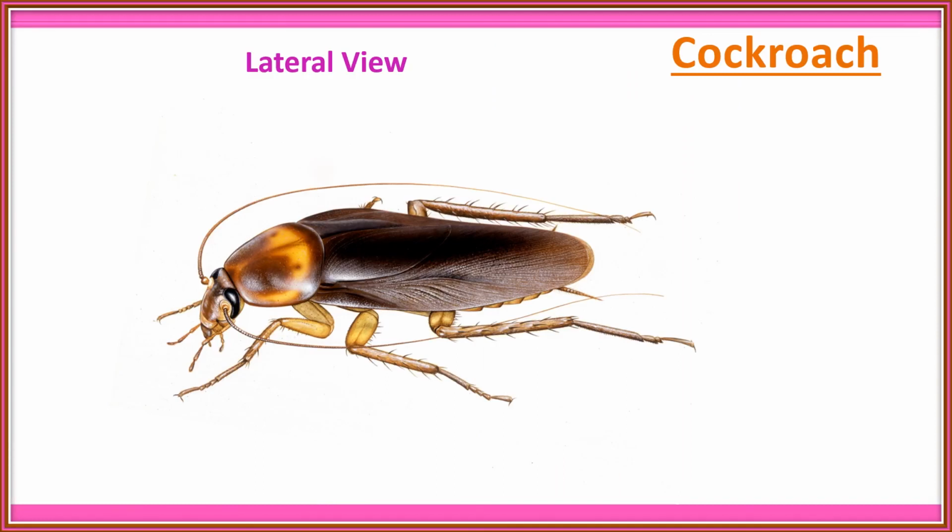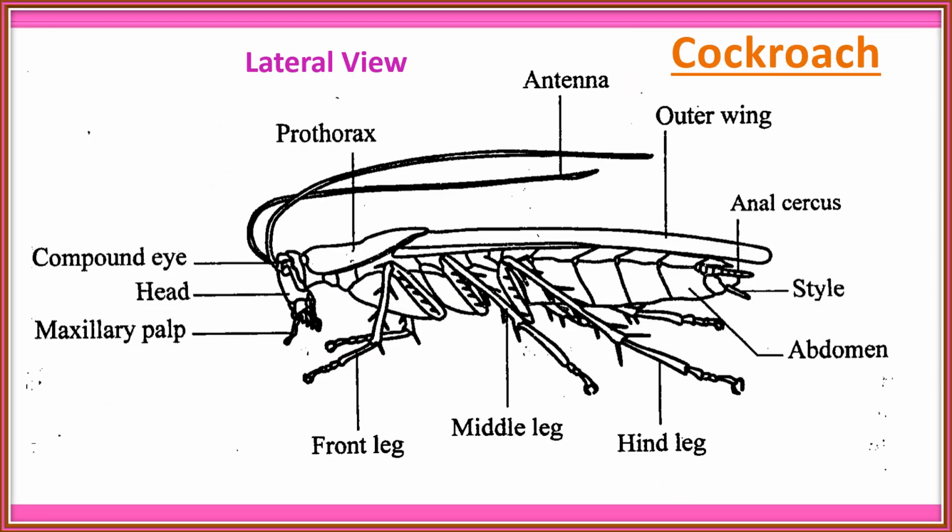Lateral view. When we look at the lateral view, we shall see the different parts. They have the compound eyes. They have the head. There is the palp, maxilla. We have the prothorax.